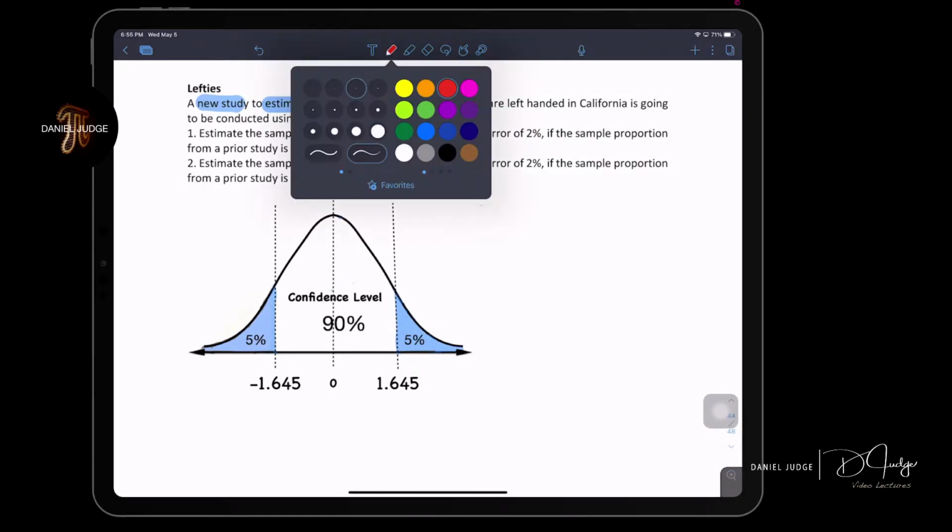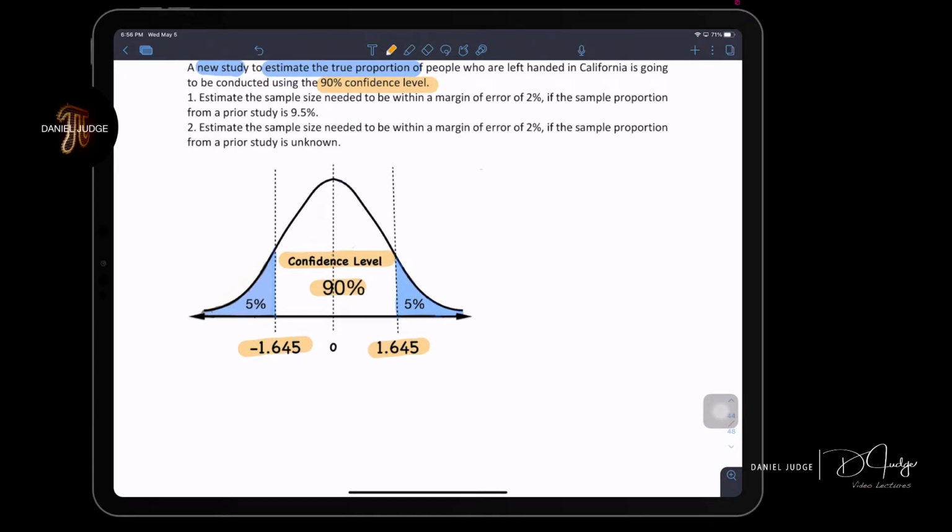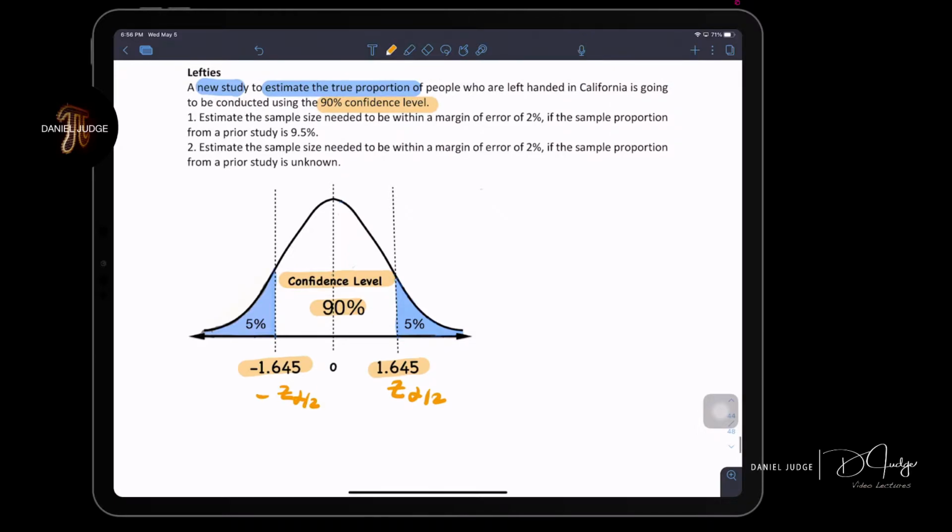And when I see 90% confidence level, I draw a picture here of a normal distribution. There's 90%, and you're going to have these z alpha over 2 values that we found. So remember, that's your z alpha over 2 and minus z alpha over 2. We found them in the last example.